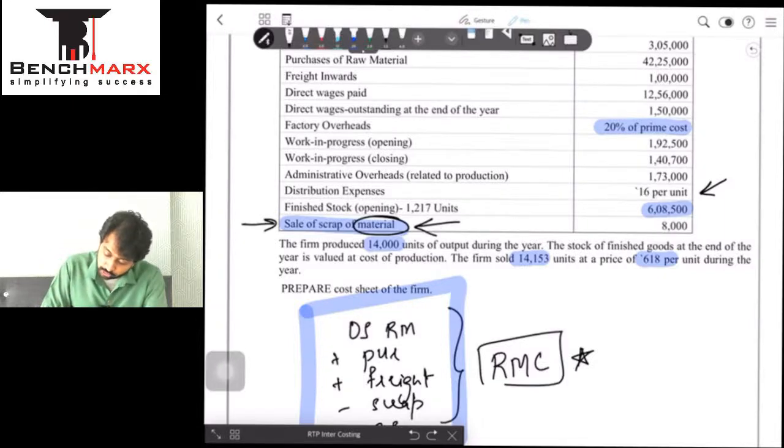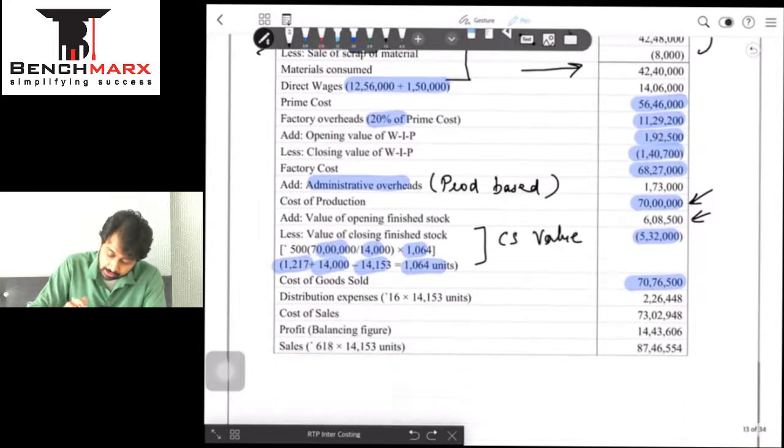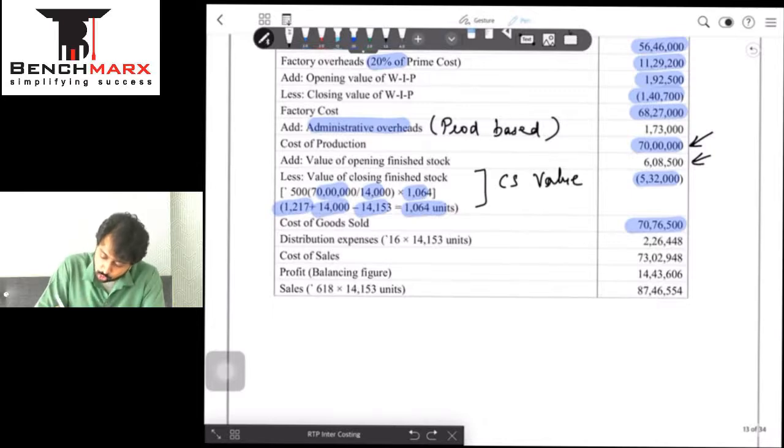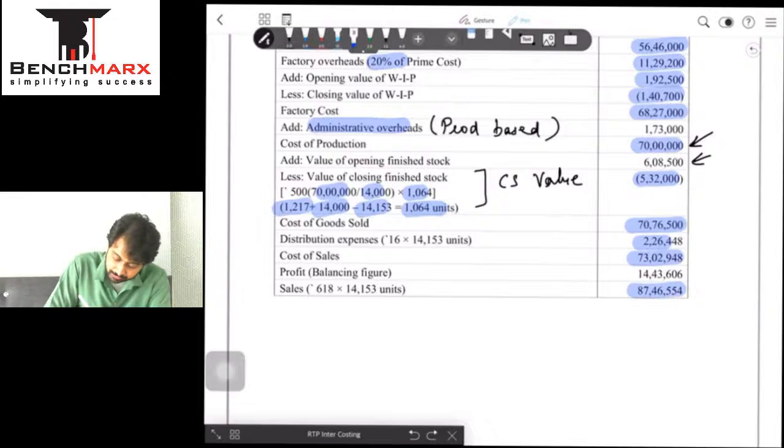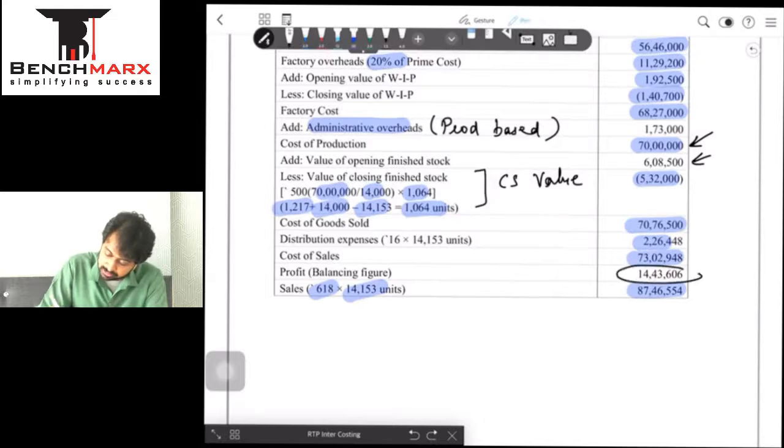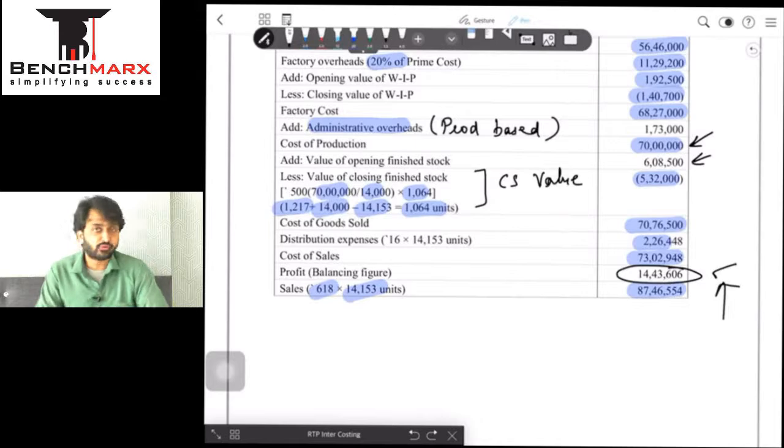So 14,153 into 16, I will get the S&D expenses, and once I get the S&D, I'll get the cost of sales. Compare cost of sales with sales. Where did sales come from? 618 SP is given and volume is given. Balancing figure will represent the profit, and this is what the question had asked us to find out, and we have found the profit.